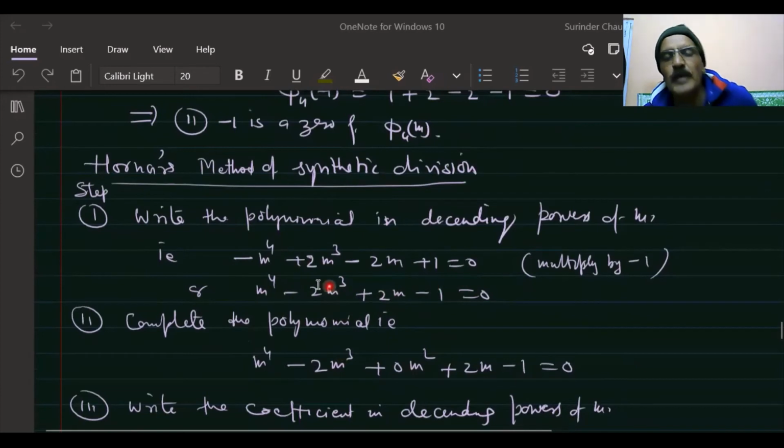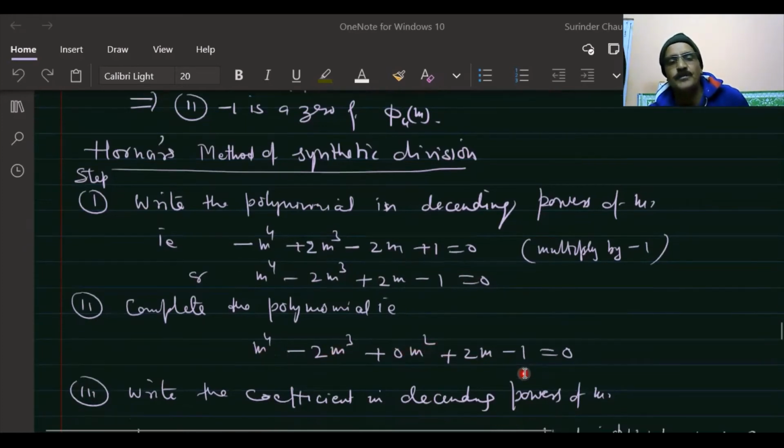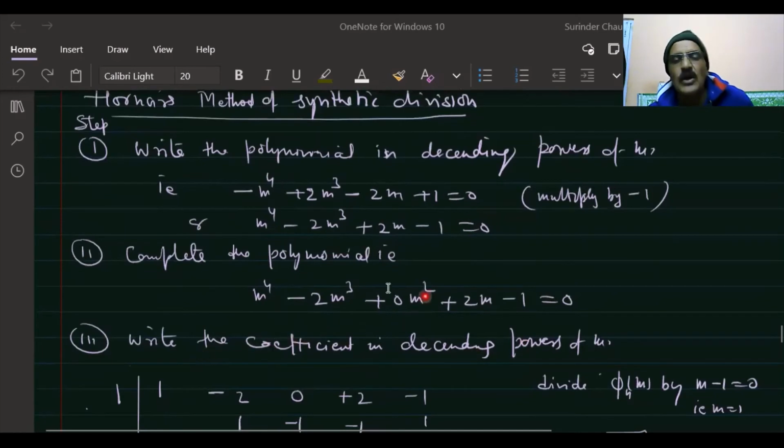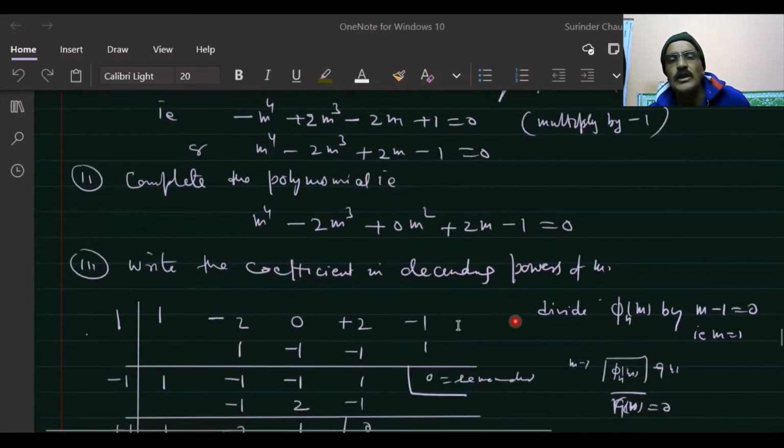If you multiply or divide an equation by any number, the roots of the equation remain unchanged, so we can multiply by minus 1. The fourth degree, third degree terms are there, the second term is missing, so put 0 for the m squared term. Now write the coefficients in descending power.